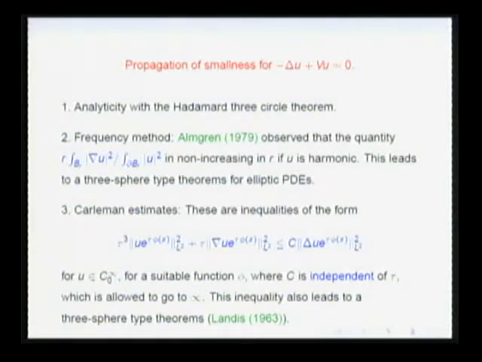However, people figured out quite some time ago, I think starting with Carleman, that if you take an elliptic PDE in 2D, and later on in higher dimension, the coefficients don't have to be analytic in order to have the unique continuation property.